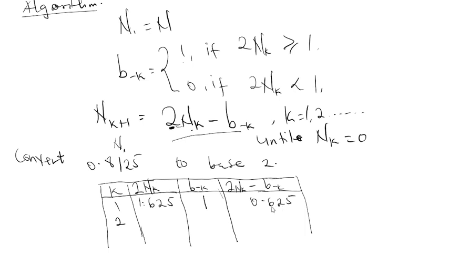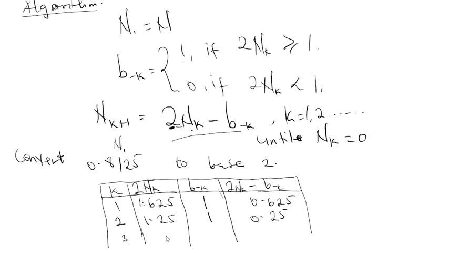This number here, we multiply by 2 again. What are you going to get? You get 1.25. This is still greater than 1, so you're going to get 1 here. You subtract to get 0.25. Then you multiply by 2 again, because we've not gotten 0 yet.